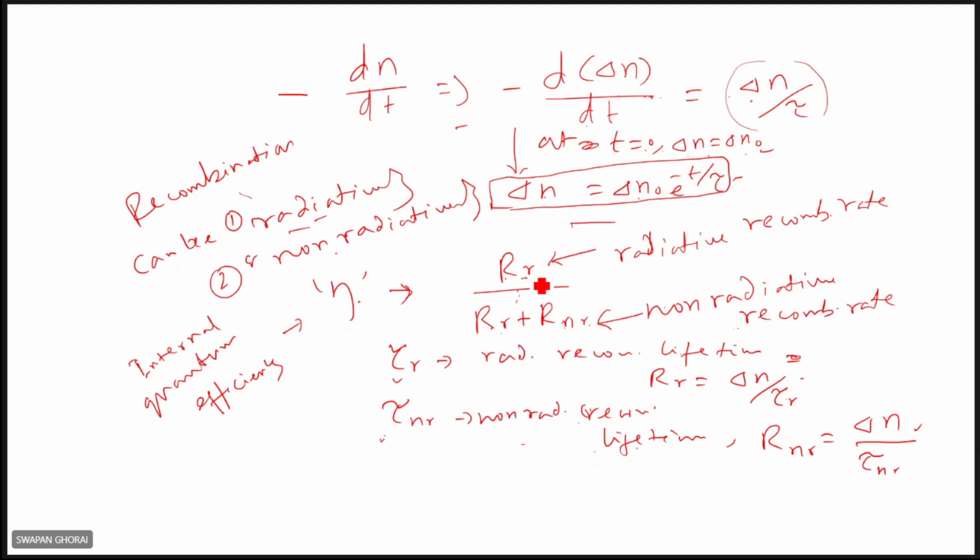So how is this rate determined? If tau r is the radiative recombination lifetime and delta n is the excess carrier concentration, then RR will be delta n upon tau r. The same for non-radiative recombination: delta n by tau nr, where tau nr is the non-radiative recombination lifetime.